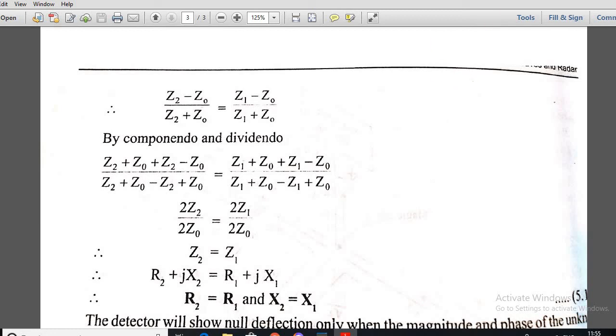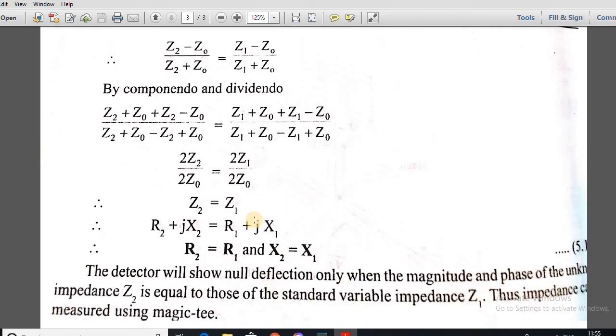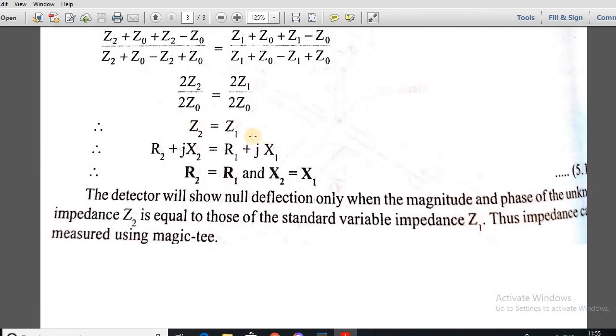So in place of K2, I'll write Z2 minus Z0 divided by Z2 plus Z0, and in place of K1, it is Z1 minus Z0 divided by Z1 plus Z0. By using componendo and dividendo, we can solve it, and we get Z1 is equal to Z2. Z2 is R2 plus jX2, Z1 can be written as R1 plus jX1, and hence we have R2 equal to R1 and X2 equal to X1.